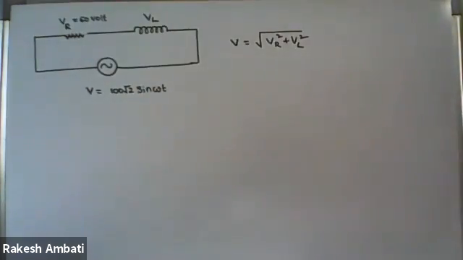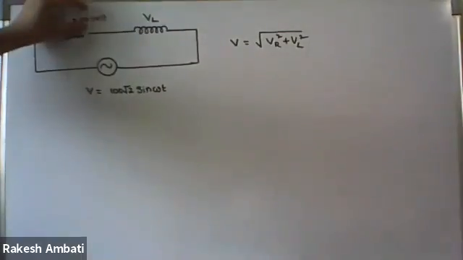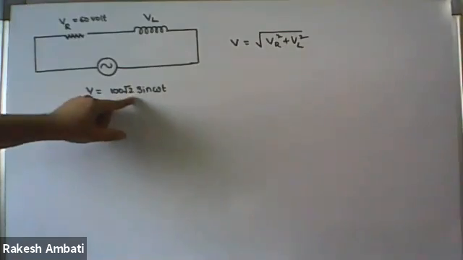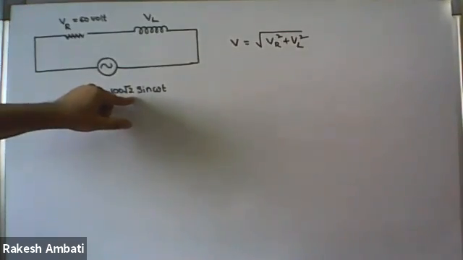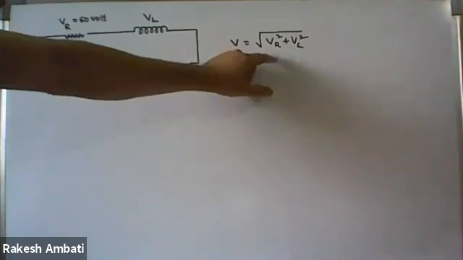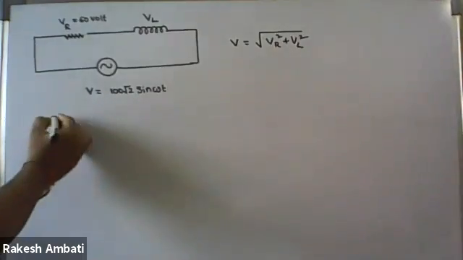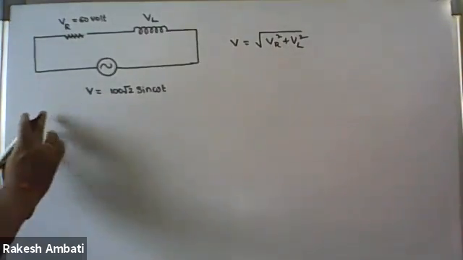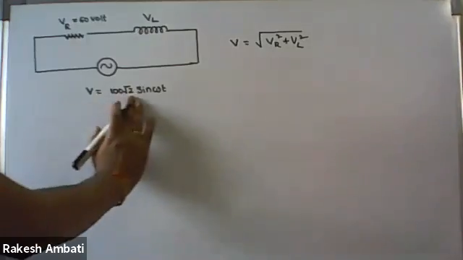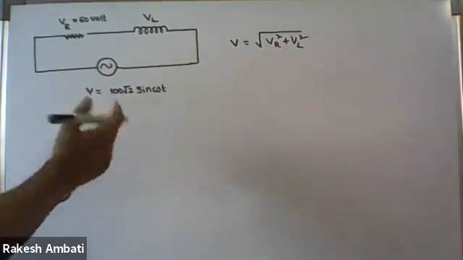Therefore, if VR is RMS, and here also we require RMS value, this V should also be RMS. So what is the VRMS value here? 100.